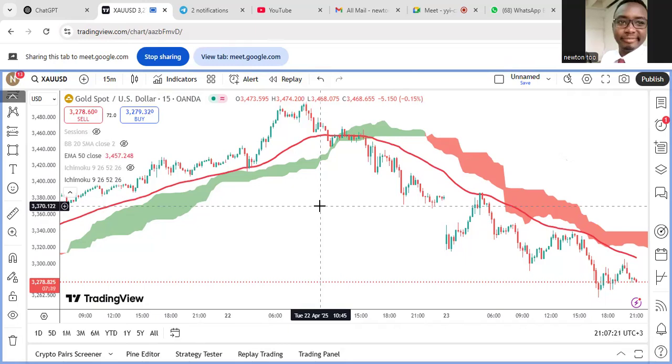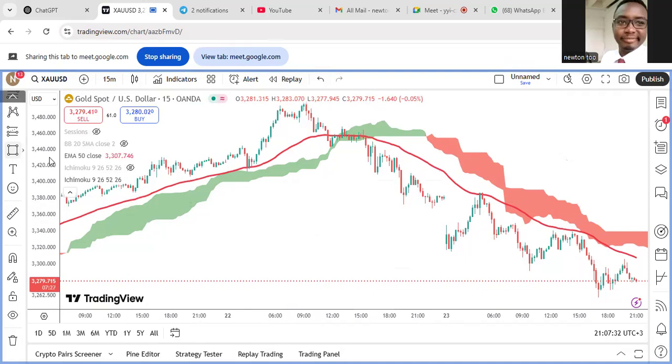It is not that it's perfect, that you'll not be getting losing trades. You'll be getting losing trades. But it is a strategy that you can rely on as your own strategy. It's a strategy that you can trade.